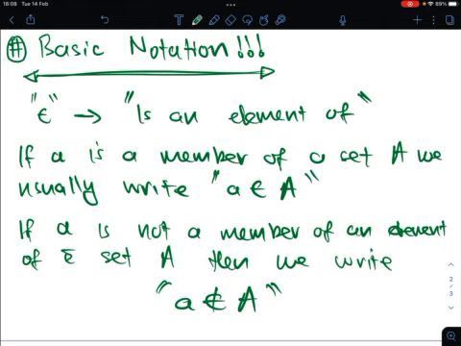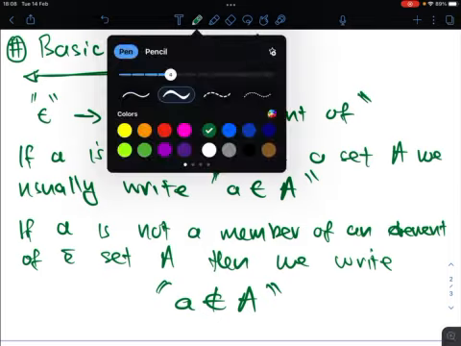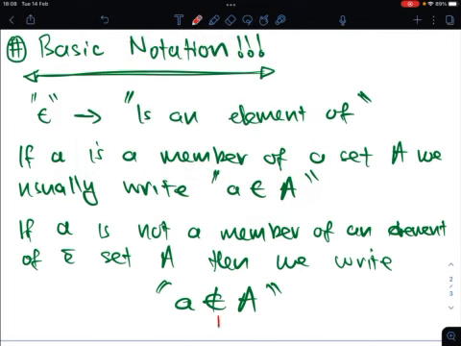Every time you see an E with a slash on top of it, it is talking about the negation of the original symbol. So when E stands for "is an element of," then E with a slash on it stands for "is not an element of." That's what this notation stands for.